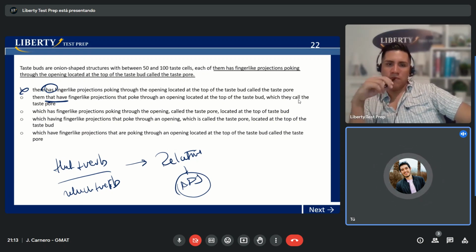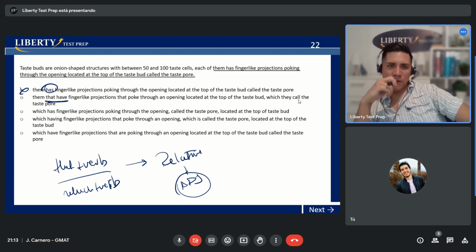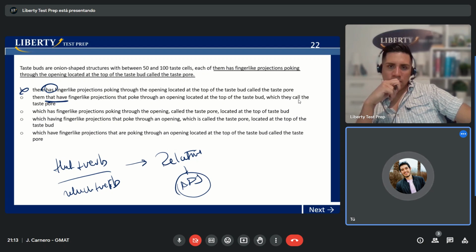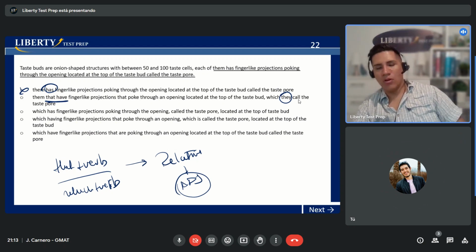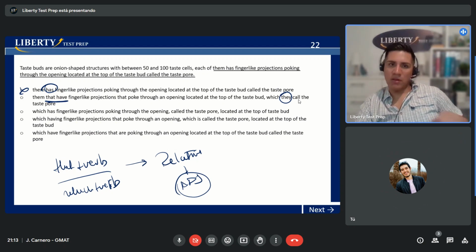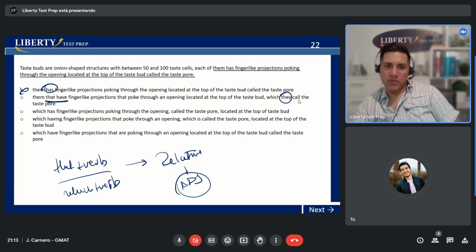Taste buds, or is this referring to something? Who's "they"? Letter B, "which they call the taste bud." Very good, "they" is wrong, because who called them that, the scientists? Maybe they don't have that word here, so that one's wrong.